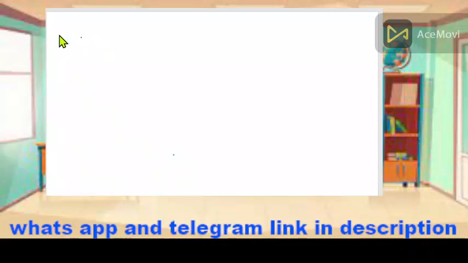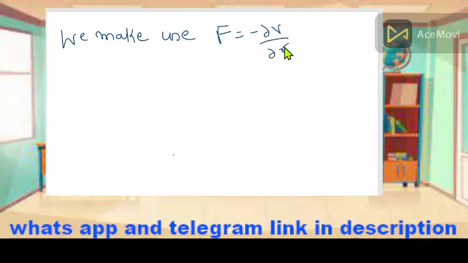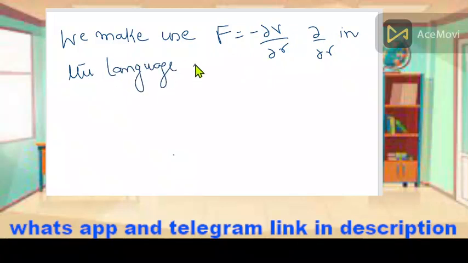So how we proceed in the formalism is that we make use of a very well-known theory. We make use of this condition, minus del V upon del R, that force is derivable from a potential. Now this del upon del R, in the language of vector algebra, is called gradient, and it is a very interesting and important topic.